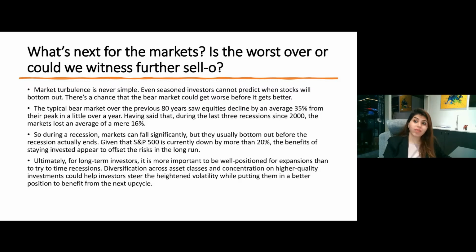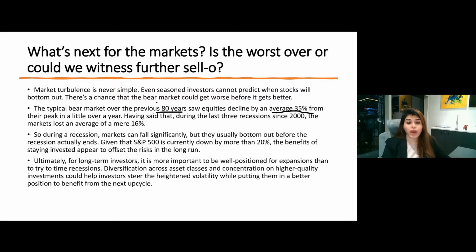Now, when we look at bear markets historically, if you analyze bear markets in the last 80 years, like you can see over here, on average, the markets have corrected by 35%. So does this mean that we could see another 10, 12% fall in the markets? Possibly, maybe not, maybe yes.